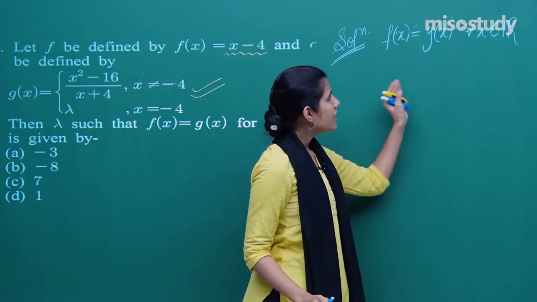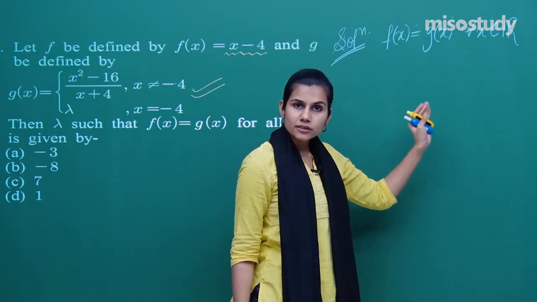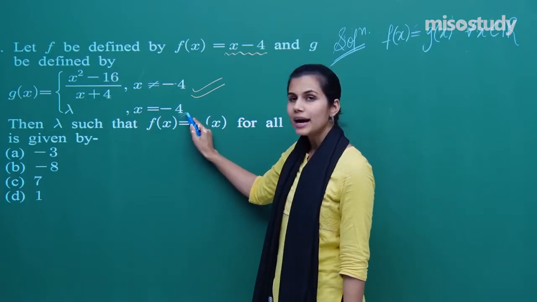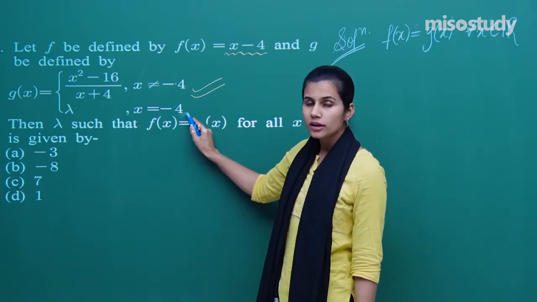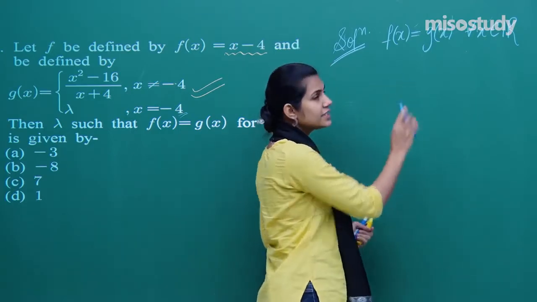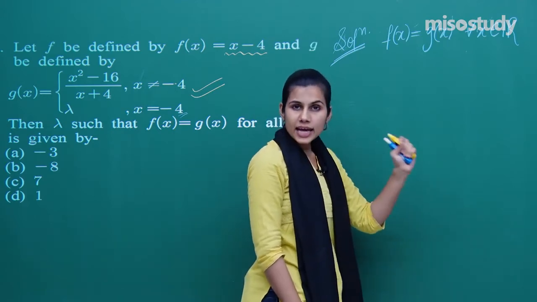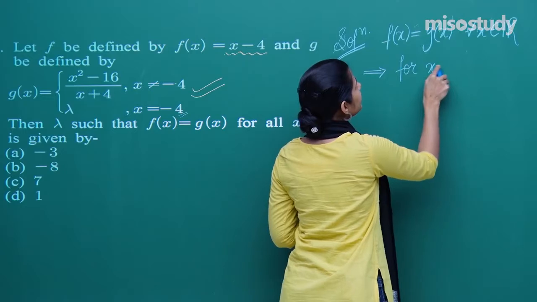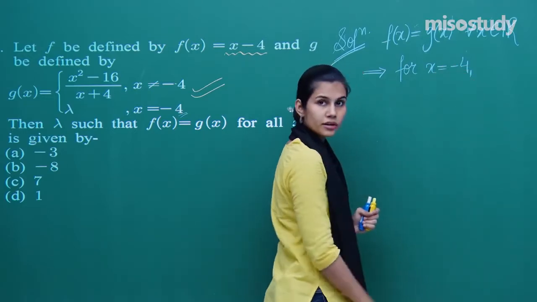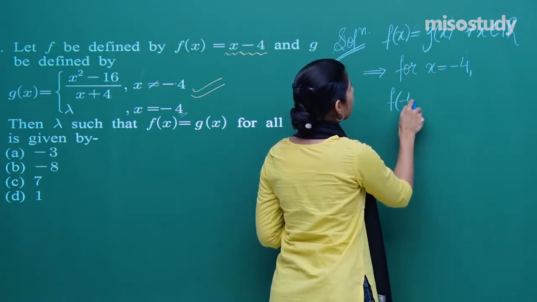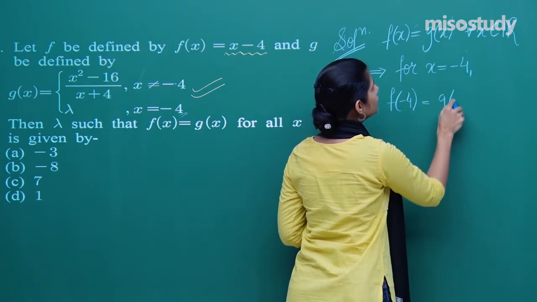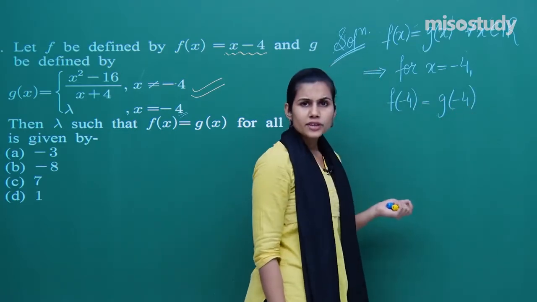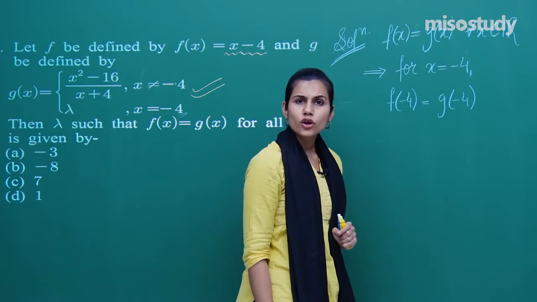And therefore, if f and g are equal for every x in the real line, definitely corresponding to x equals minus 4 also they will be equal. That means f of minus 4 is equal to g of minus 4. Why not? If they are equal for every x, definitely they are equal for minus 4 also.